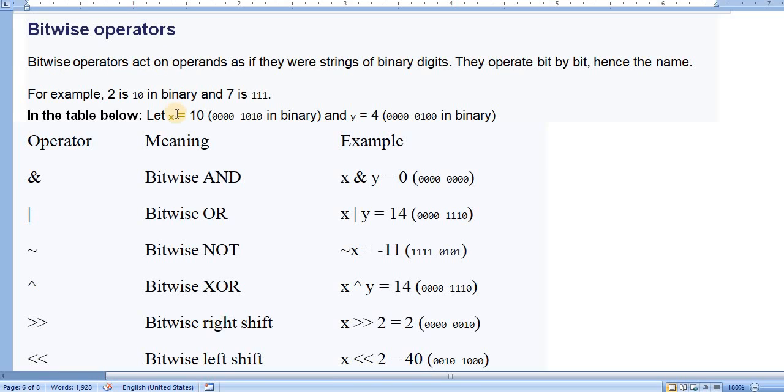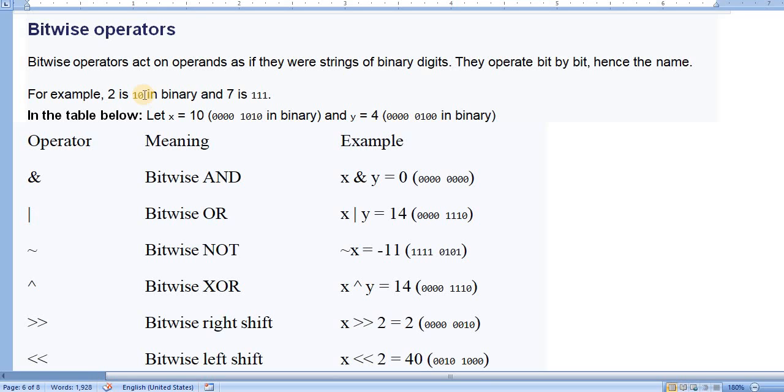Next is the bitwise operator. The bitwise operator acts on operands as if they were strings of binary digits. They operate bit by bit, and that is why it is called the bitwise operator. For example, 2 is 10 and 7 is 111 in binary.